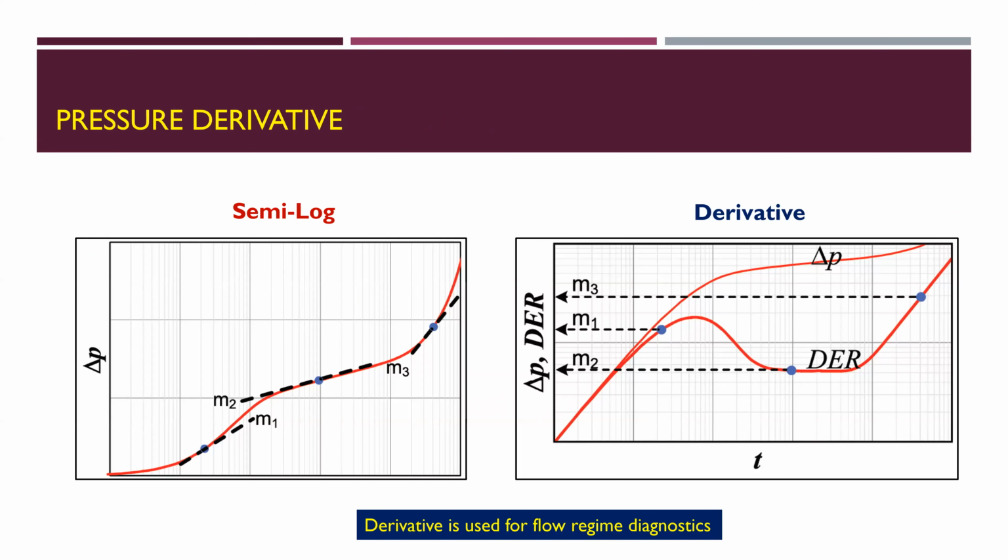What is the relationship between the derivative and the semilog, and why is the derivative much more valuable than the semilog itself? Actually, this derivative represents the slope of the semilog.